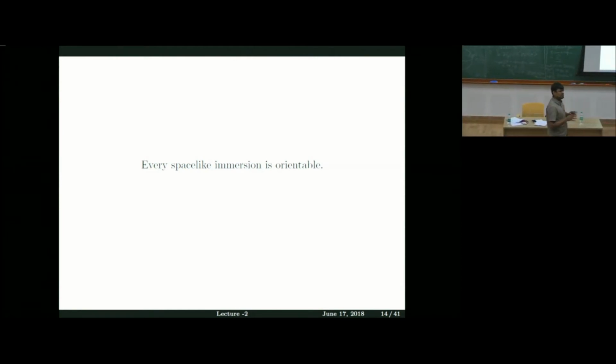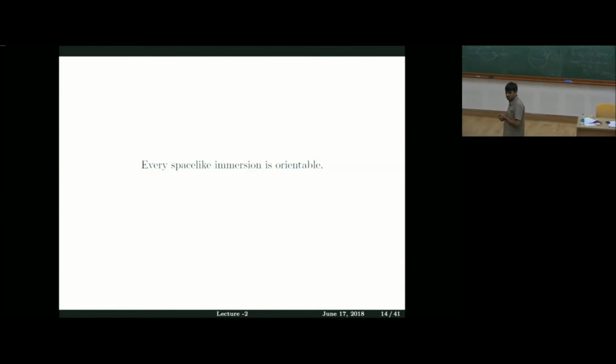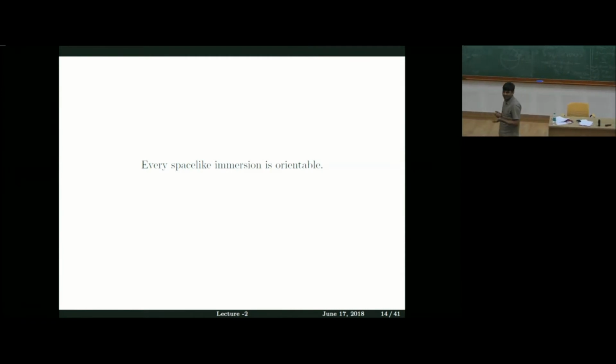The proof is really very easy if you understand the basic techniques. What is a space-like immersion? What is orientable, first of all? You can define a normal at every point, nowhere zero. So what is the normal here? If you have a space-like surface, this means the tangent spaces are space-like, so the normals are timelike.